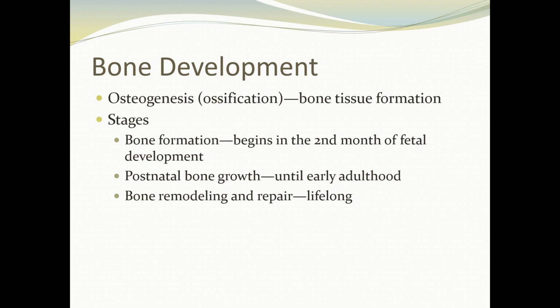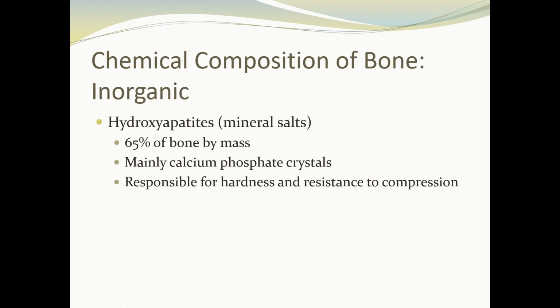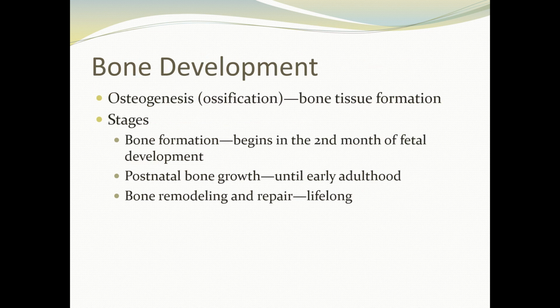And so sometimes pregnant women might start noticing cavities and stuff forming in their teeth because they're losing that calcium. So bone formation is very important, and that calcium and phosphate hydroxyapatite crystal has to be laid down and crystallized. And this continues until adulthood, and then bone remodeling will take over through the rest of one's life. And that's called postnatal bone growth and bone remodeling and repair.